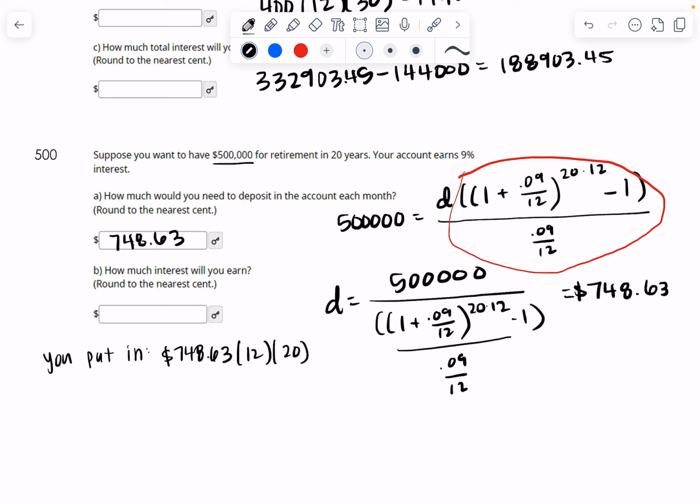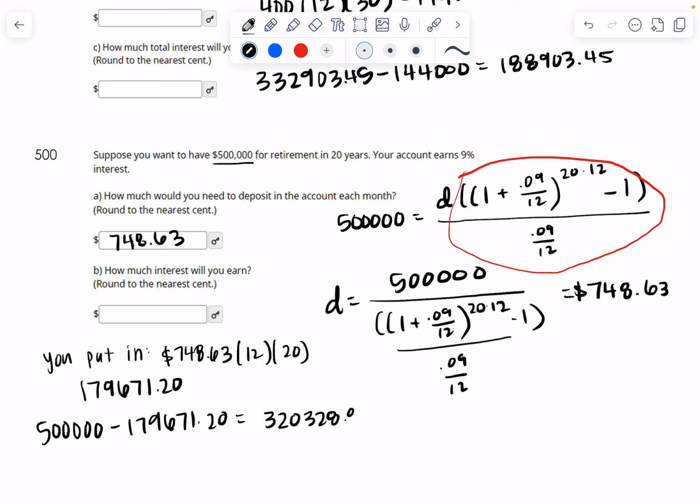Okay, so what you put in is $179,671.20. And the amount in the account was 500,000. That's what you were saving for. And you subtract off what you put in, you get $320,328.80.